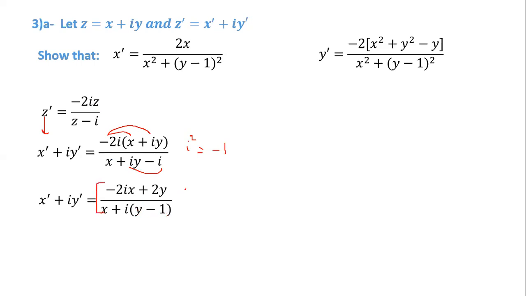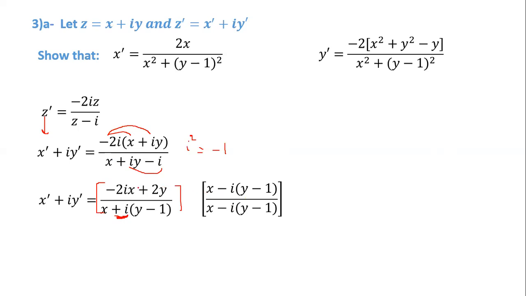In order to divide two complex numbers, we need to multiply by the conjugate. Conjugate means I have to switch the sign of the imaginary part, so replacing plus i by minus i.